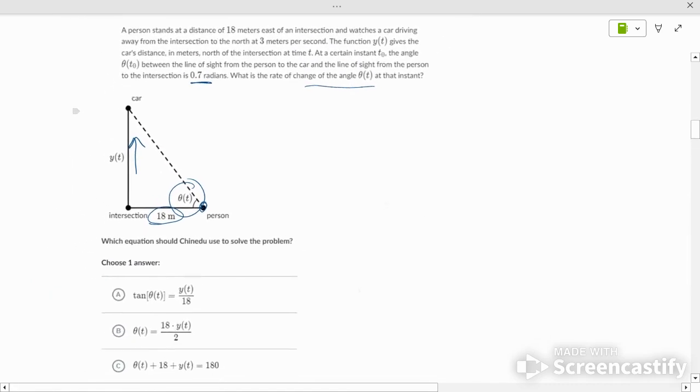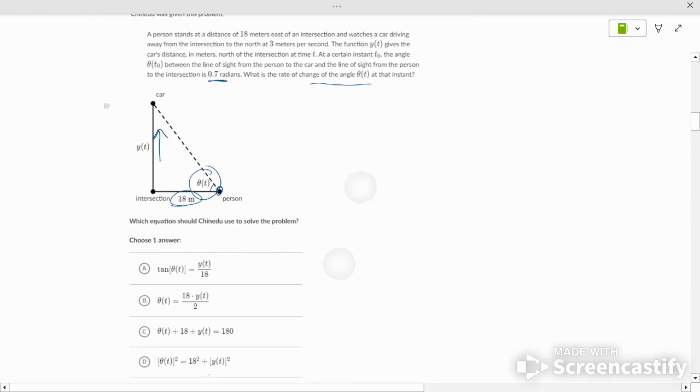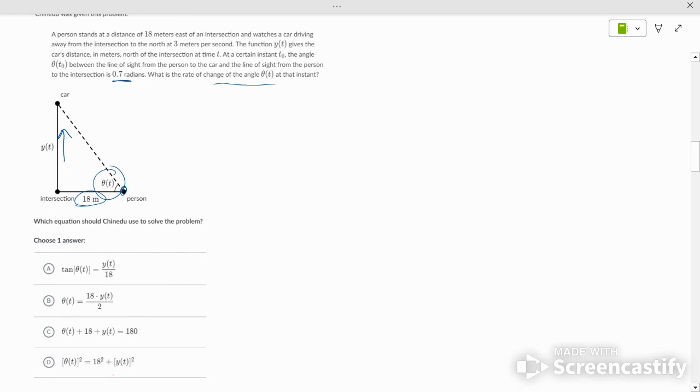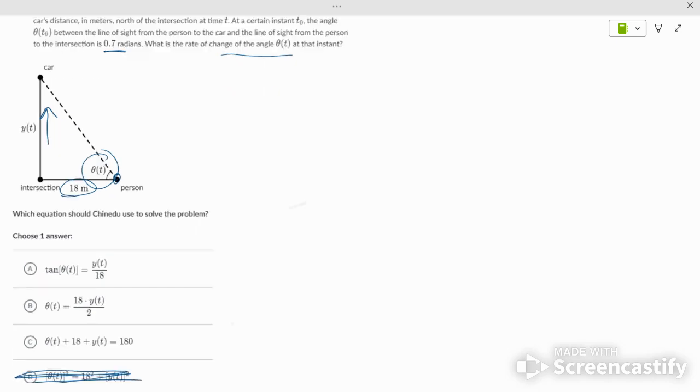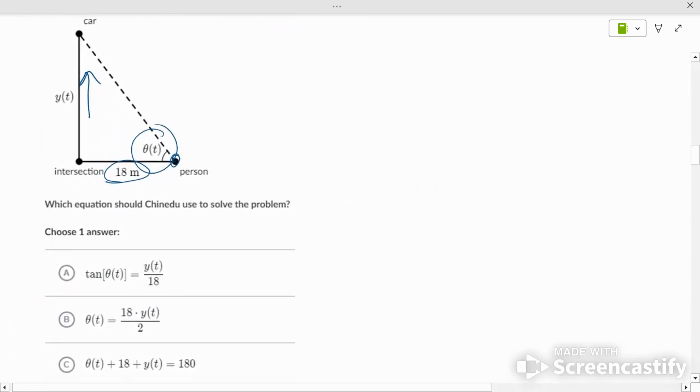So to figure this out, we have to look at the various formulas they give us. Okay? Is this a Pythagorean theorem when we're looking at the angle here? No, that's just when we have sides. So this one would be out. When we're looking at an angle, if I have the opposite and adjacent, what trig function is that? Tangent. So I'm going to use the tangent formula.